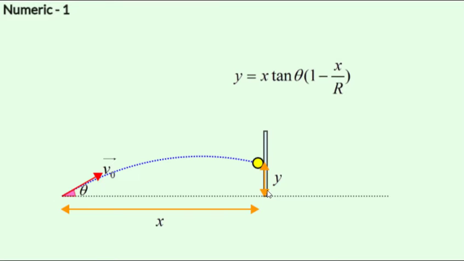Let's use the one that was easy to remember, which is y equals x tan theta times 1 minus x over r. So here we know x, we know theta, but we have to find the range r before we proceed. Let's do that first.